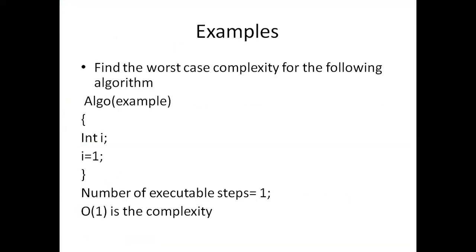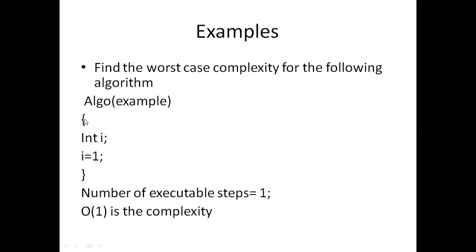So these are the examples here. Find the worst case complexity for the following algorithm. This is an example of an algorithm. So integer I, here I have given I is equal to 1. Okay, for finding the complexity, we need to identify how many executable steps there are. Okay, in this algorithm, this is not an executable step. This only represents the name. Okay, this bracket is the open bracket.